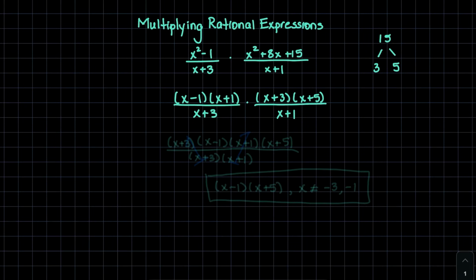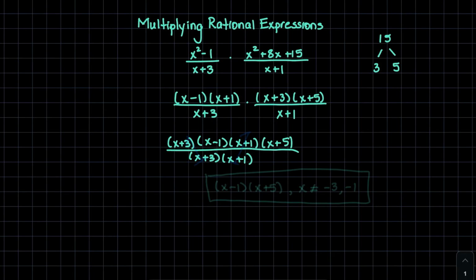Now that everything is in factored form, I'm going to go ahead and multiply straight across. You might notice me rearranging some things. So we have x minus 1, x plus 1. I'm going to put x plus 3 in the front, x plus 5, all over x plus 3, x plus 1.